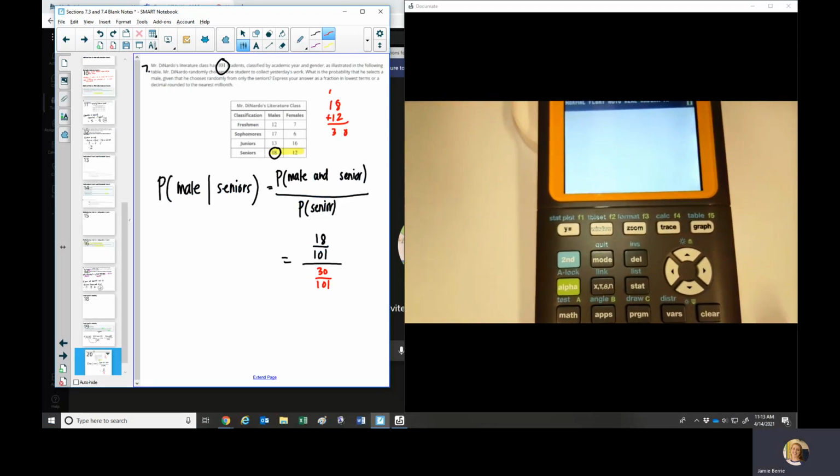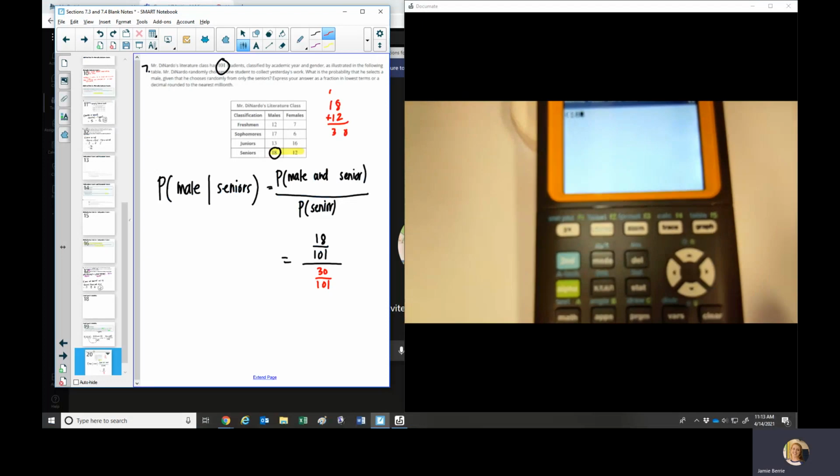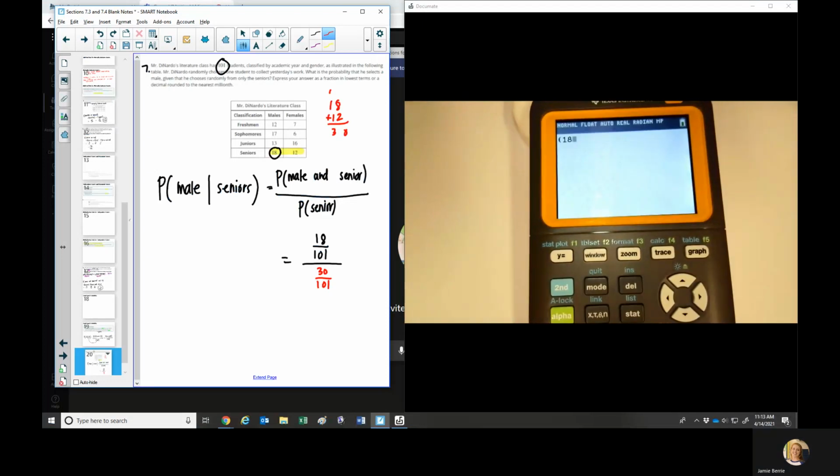We would do parentheses, 18 out of 101, close parentheses, divided by the denominator, in parentheses as well, 30 out of 101. That's how you would type it in if you do not have a fraction button.